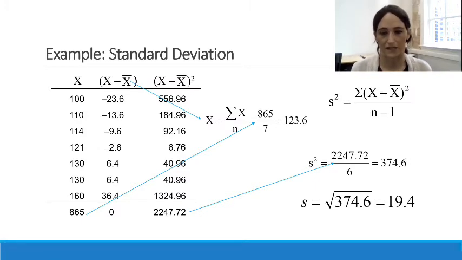And so when we take the square root of this much larger number, 374.6, we get our standard deviation of 19.4. So we then say that we have an average of 123.6 and a standard deviation of 19.4, and those are in the same units as the original variable.